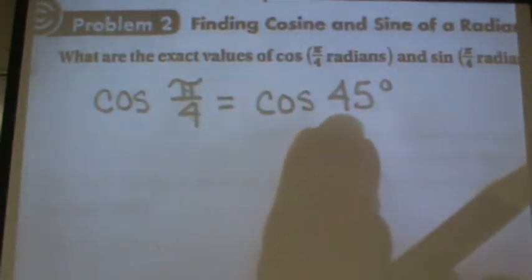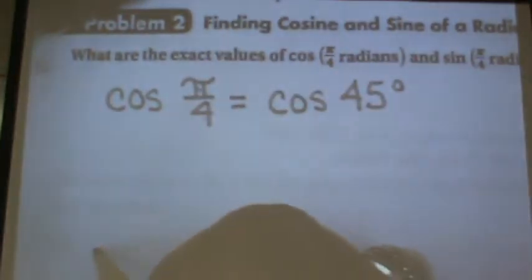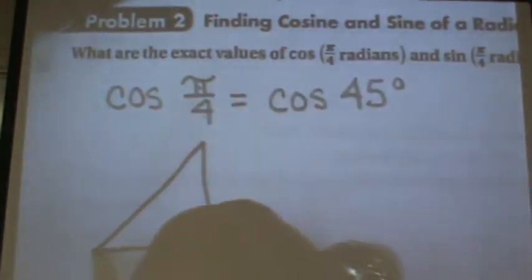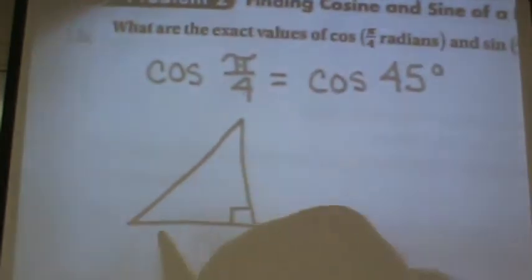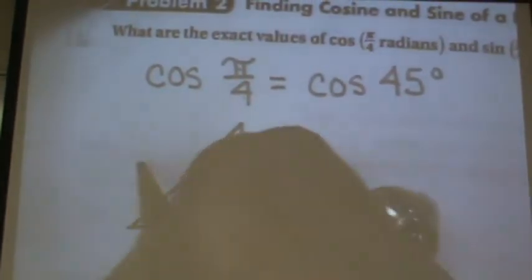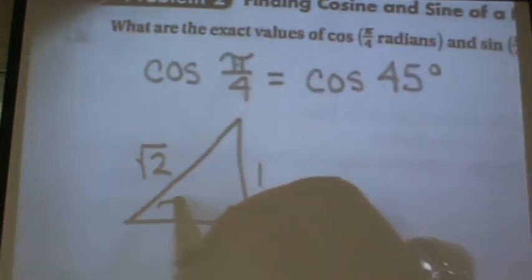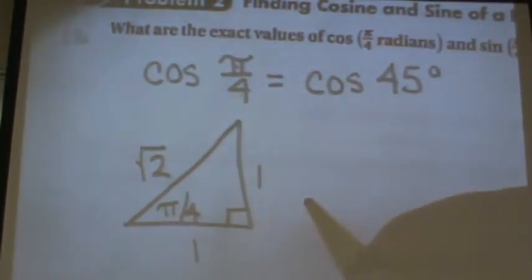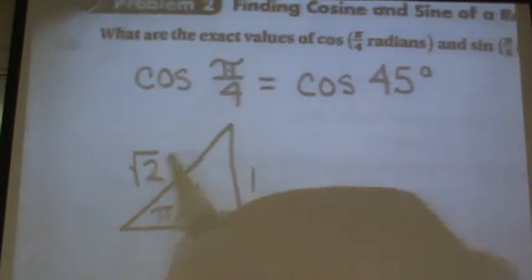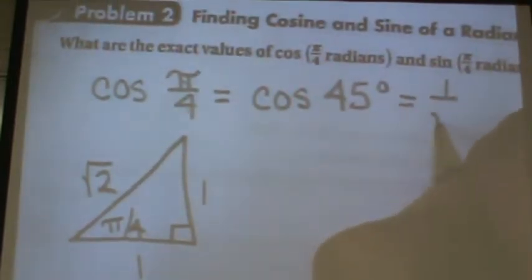So now, if it's a 45-degree angle, what special triangle am I talking about? 1, 1, root 2. So what's the cosine of pi over 4? 1 over root 2.